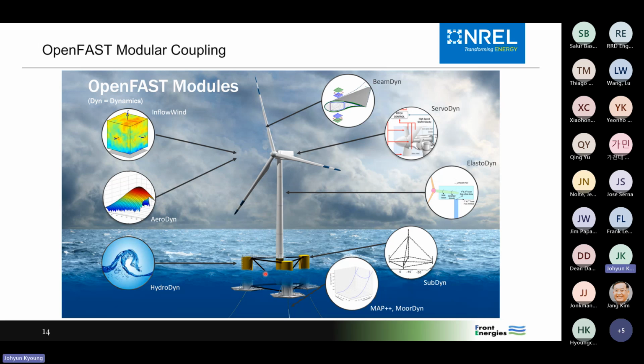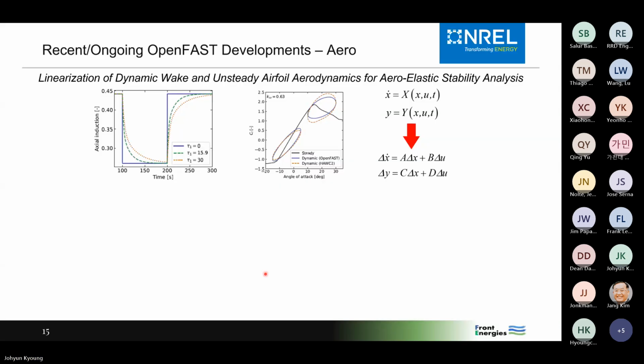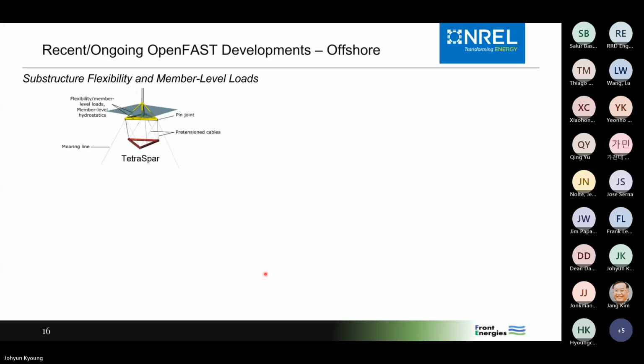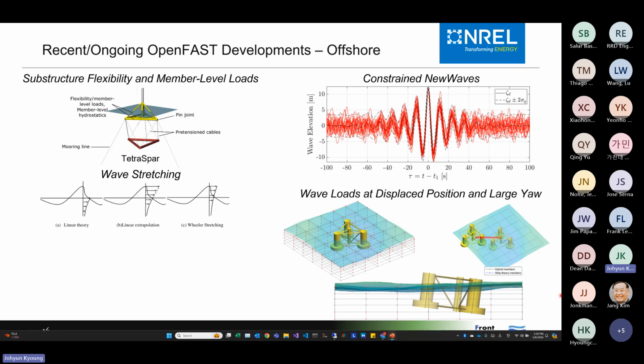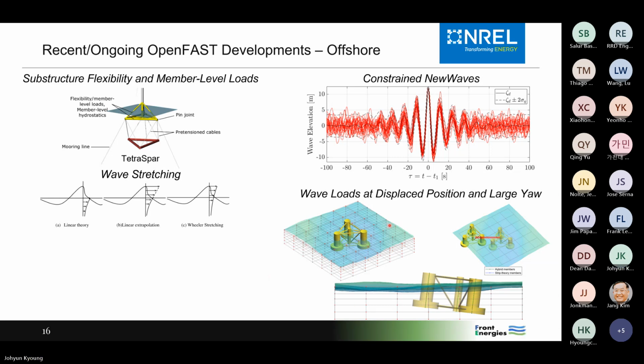Okay, thank you. And slide 16. When you said wave loads at displaced position, I didn't understand what you mean by that. So historically, when we did potential flow or strip theory, we solved the wave excitation part at the undisplaced position.